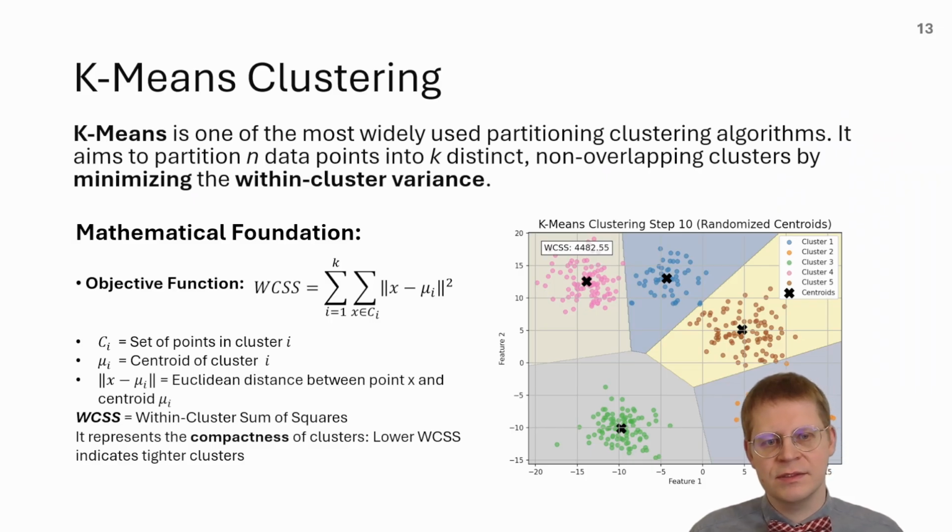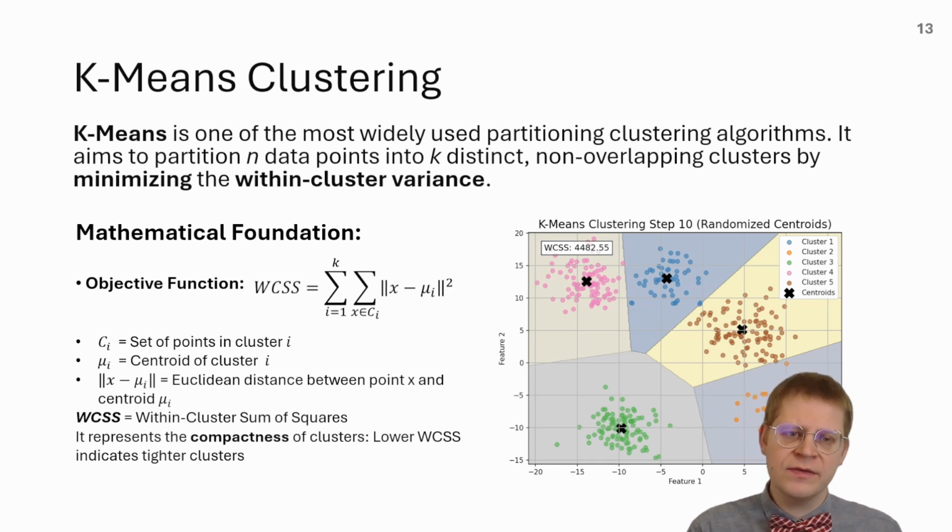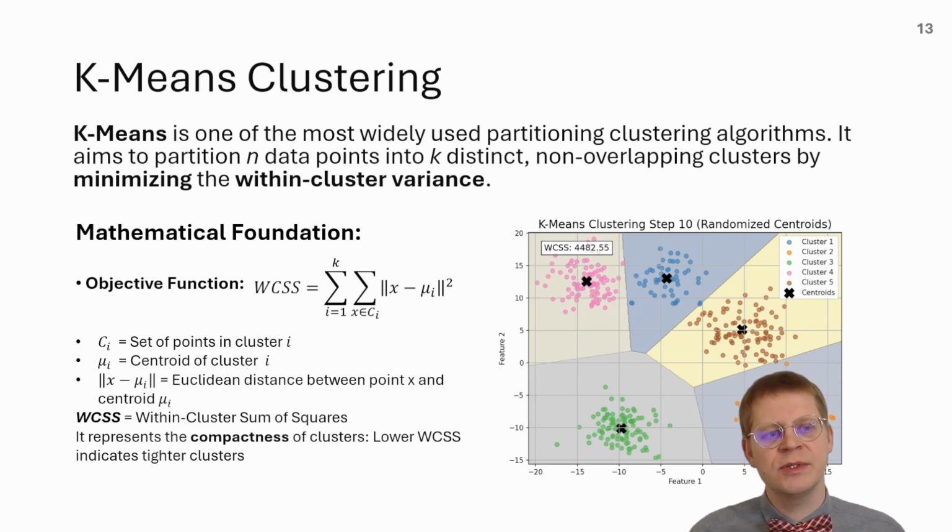K-means is one of the most popular clustering algorithms due to its simplicity and speed. It minimizes the within cluster sum of squares, WCSS, aiming to make clusters compact. The process involves initializing centroids, assigning points, updating centroids, and repeating until convergence. However, it has limitations. Poor initialization can lead to suboptimal results, and it struggles with non-spherical clusters.